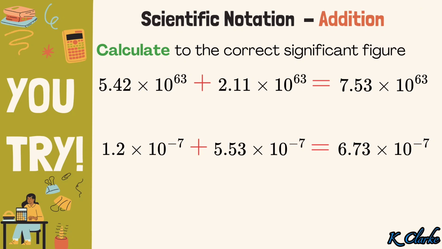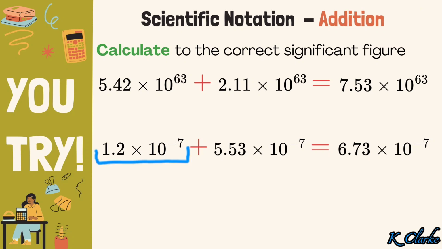The number of significant figures for your final answer should be the same as the number of significant figures for the limiting value. The limiting value is the value with the lower number of significant figures.